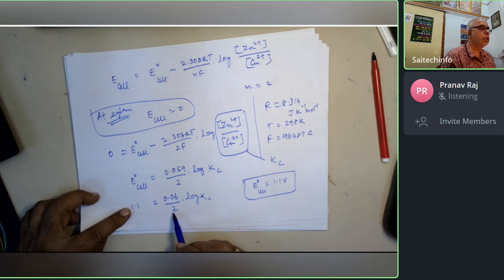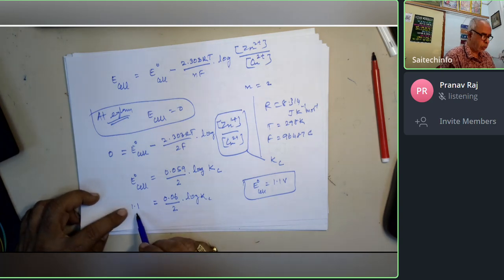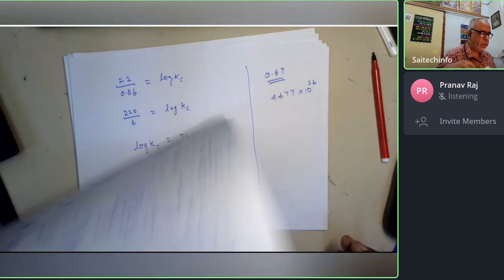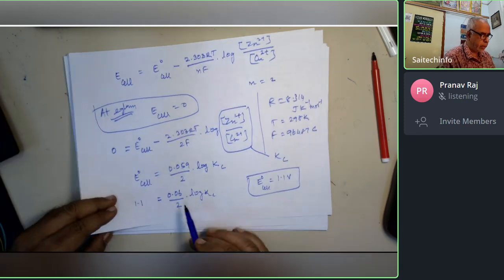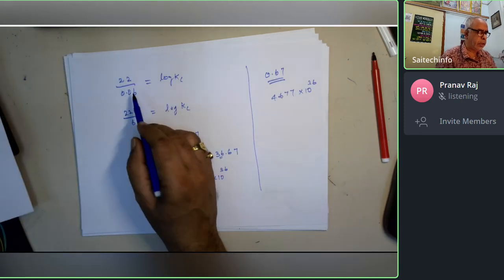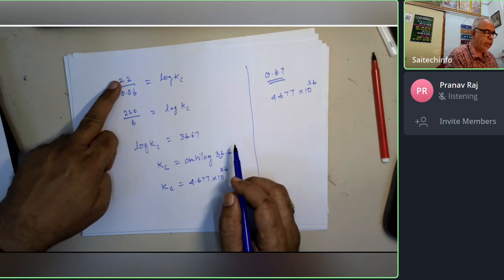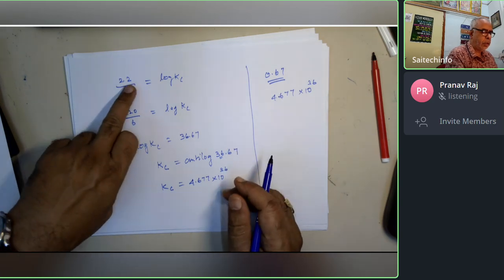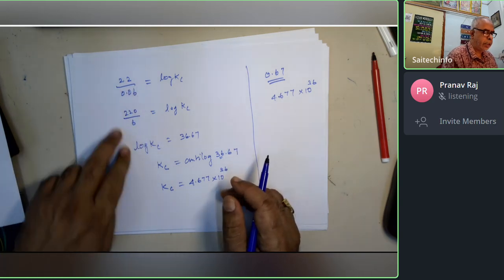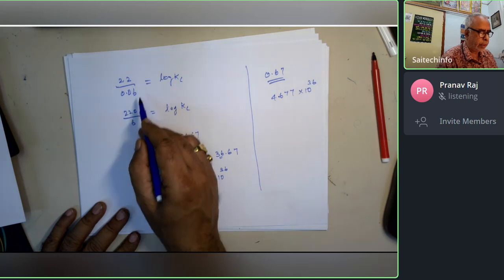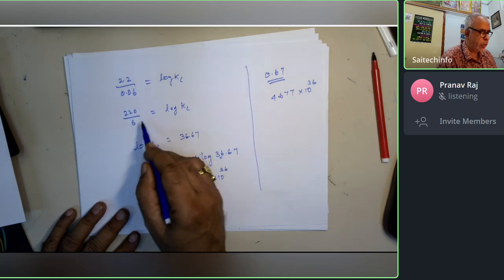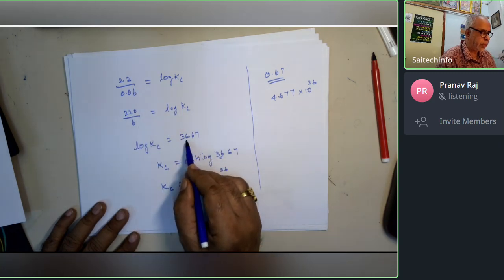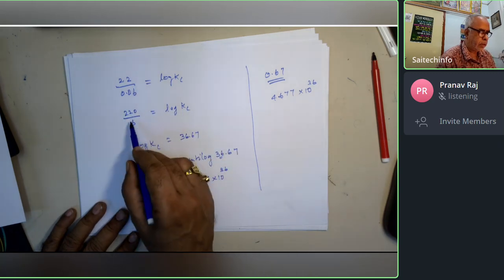That is correct. So it means 2.2, is it not? So 2.2 divided by 0.06. That is also correct. Then I have multiplied by 100, right? So 220 and here it is 6. So that value is 36.67. That is correct?